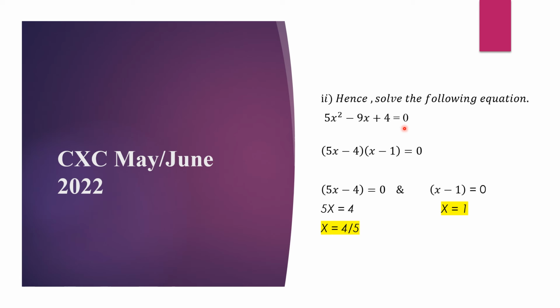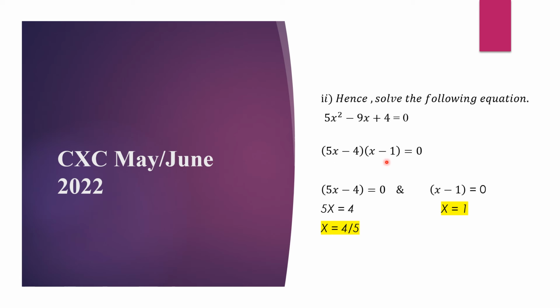And so most of the time, examiners expect the student to utilize an answer from a previous question in a preceding question. So the factors of 5x squared minus 9x plus 4 were 5x minus 4 and x minus 1.